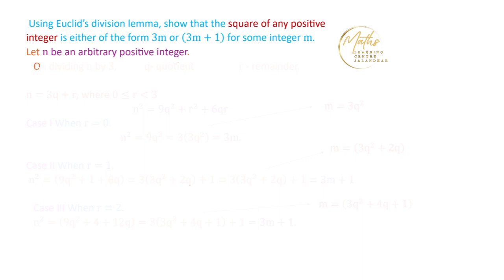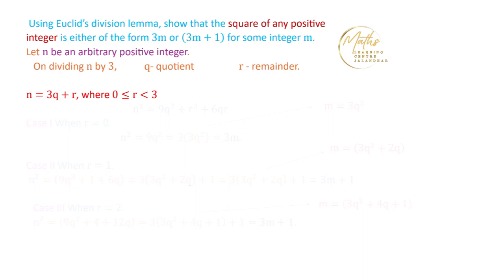On dividing n by 3, by Euclid's division lemma, we will have some quotient q and remainder r, such that n is equal to 3q plus r, where r is greater than or equal to 0 and less than 3.